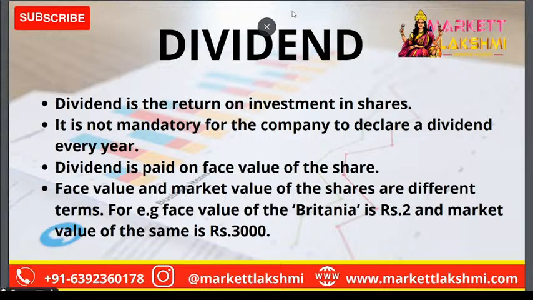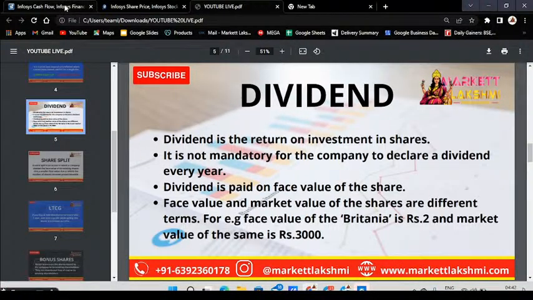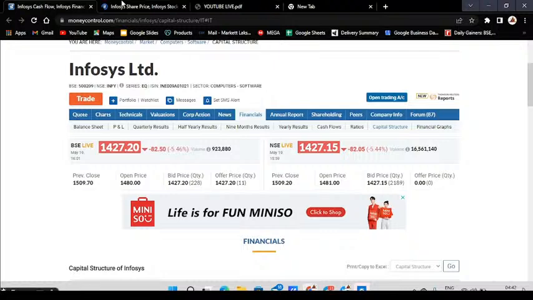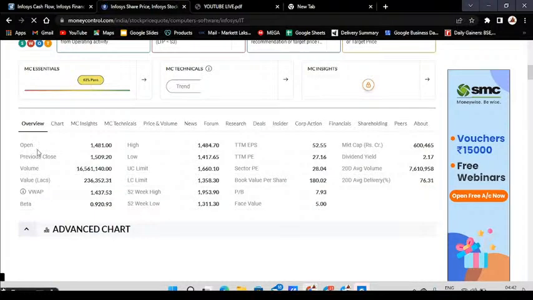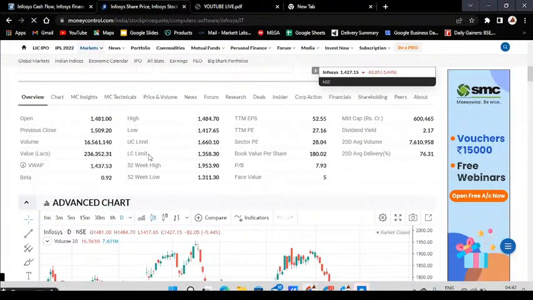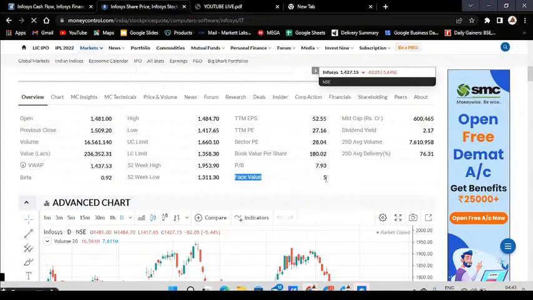Now how you can check the face value of any stock and how you can check the dividend of any stock. Here I have opened Infosys on Money Control, where you can see many options, many things are here.